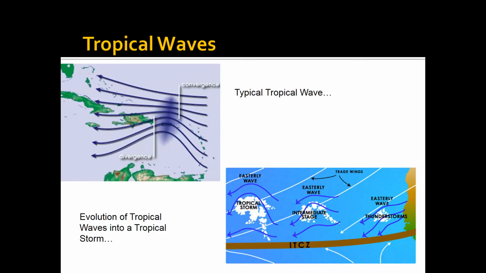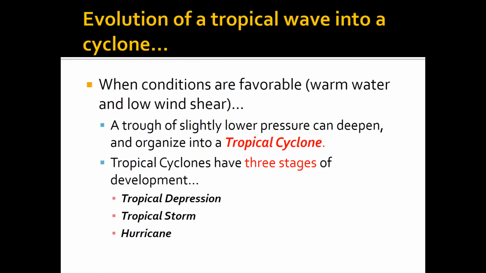Well, if the conditions are right, what'll actually happen is this wave that has developed will begin to become more pronounced. And it will transition from just a kink in the streamlines to a full-blown cyclonic motion. And when that happens, the tropical wave then develops into what we call a tropical cyclone.